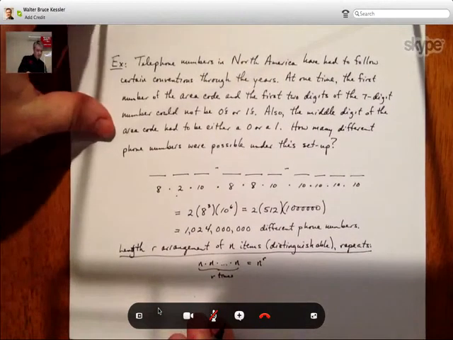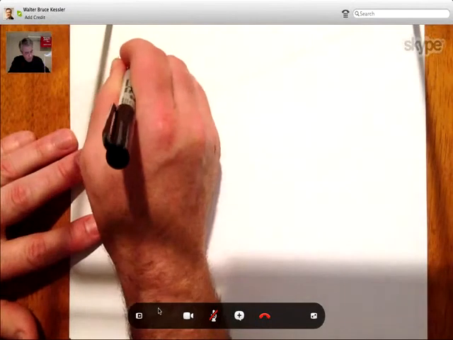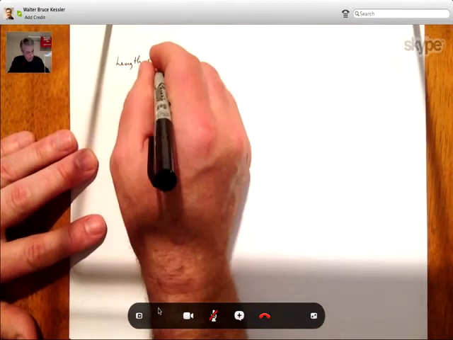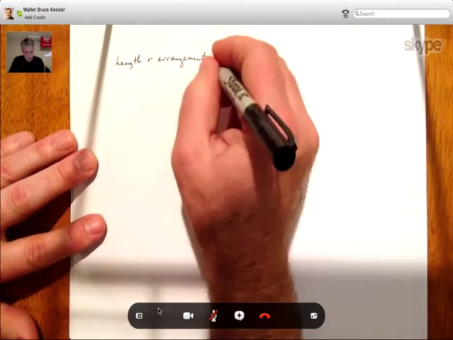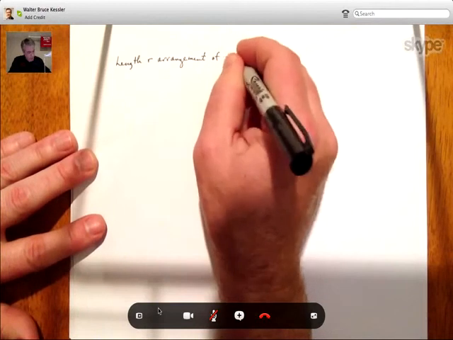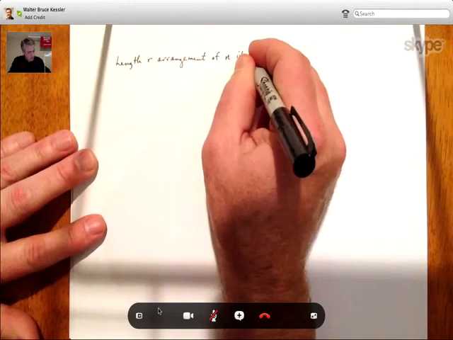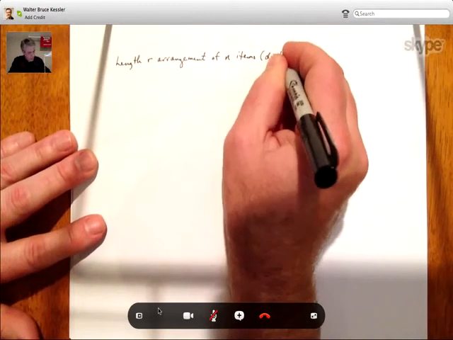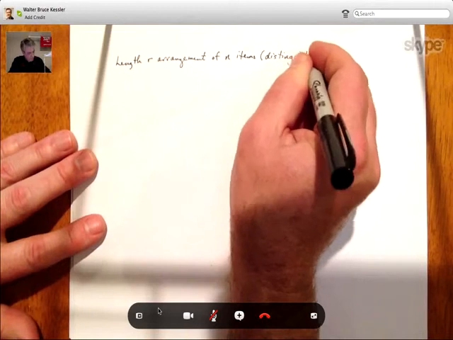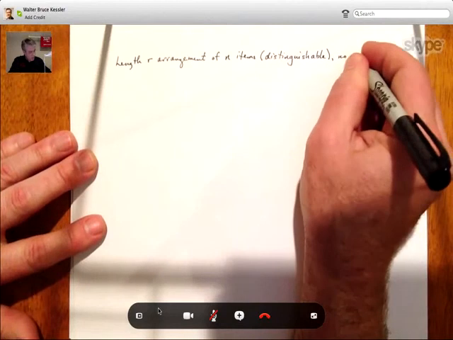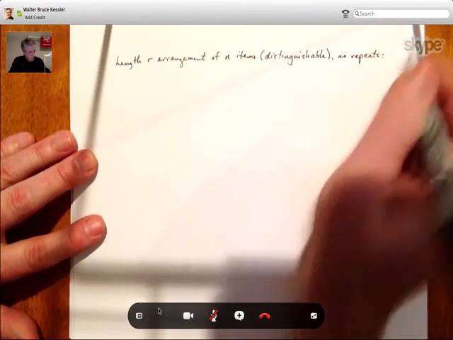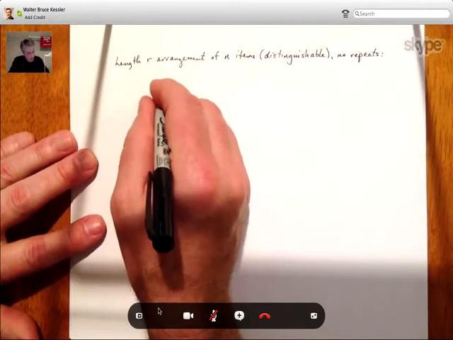If we instead have choices that once I use them, I cannot reuse them, so this would be a length R arrangement of n items, and again, things I can tell apart, without repeats, then this changes slightly.